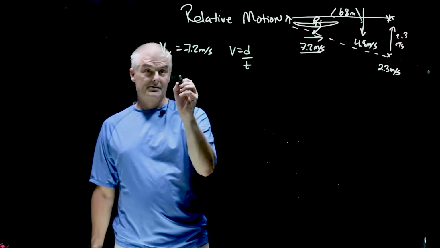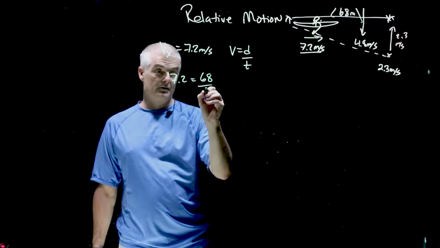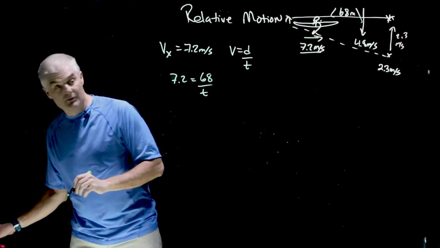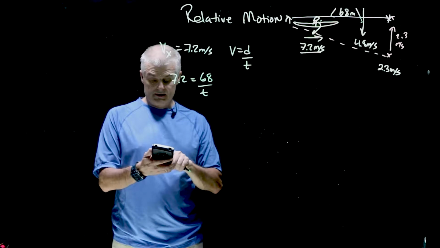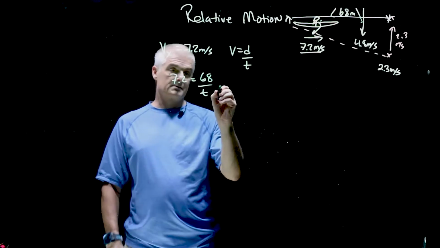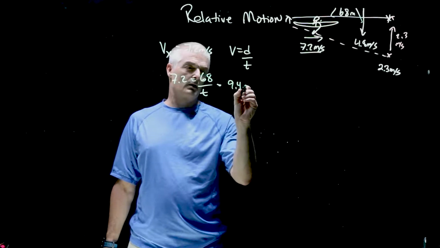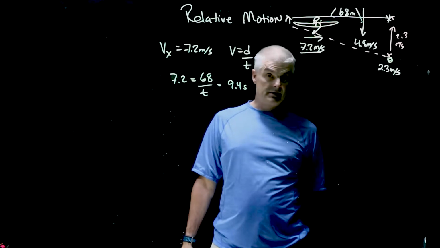We know V. V is 7.2 equals d, that's 68, over t. We get our calculator out, we rearrange. I won't do too much math, hopefully you can follow along. 68, I'm going to divide it by 7.2. That's rearranging it. That's going to take me 9.4 seconds. So 9.4 seconds for him to get to this spot downstream.